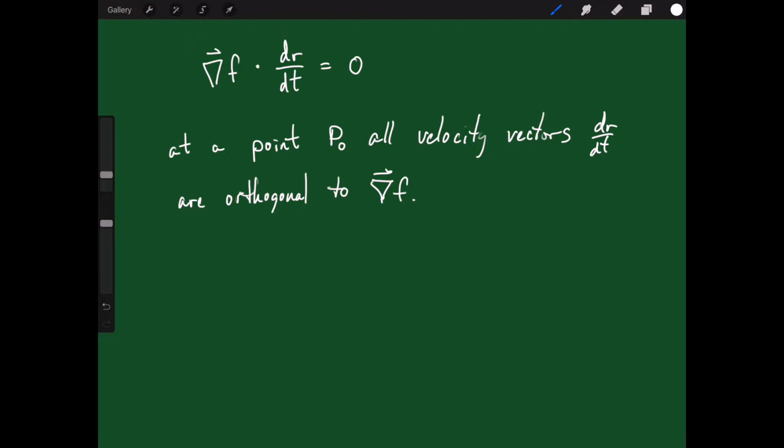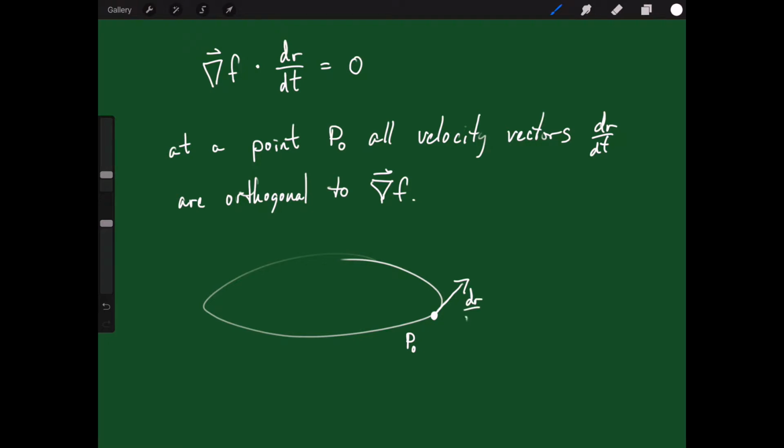So what this is saying is that if I have some level curve, let me just draw some level curve, and I have a point P0 on that level curve. Then I have some velocity vector, or another way of thinking about it is it's kind of like a tangent vector. Typically we call a vector like that dr dt.